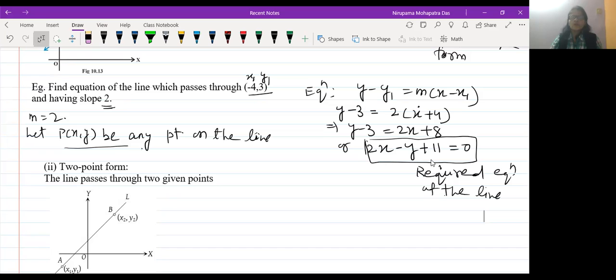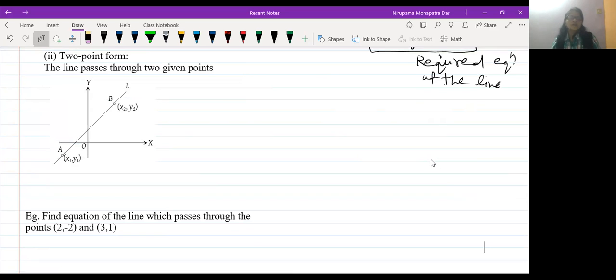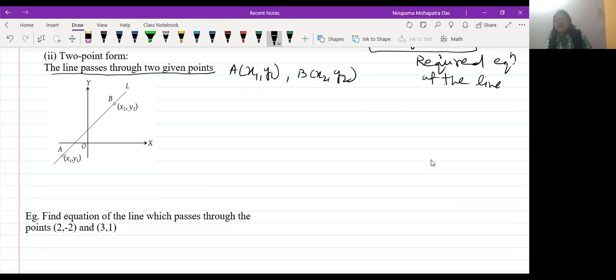Okay, next, 2.4. Here the condition will be the line passes through two given points. Let me take them as A(x1, y1) and B(x2, y2). Then we have to find the equation of the line. Again, without a variable we cannot have the equation, so suppose P(x, y) is any point on the line.